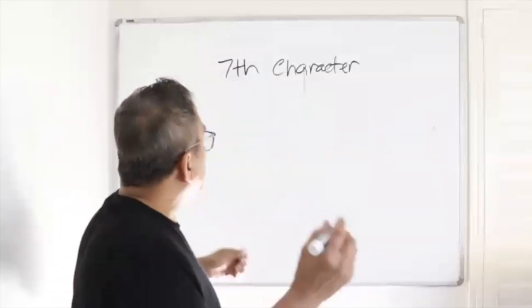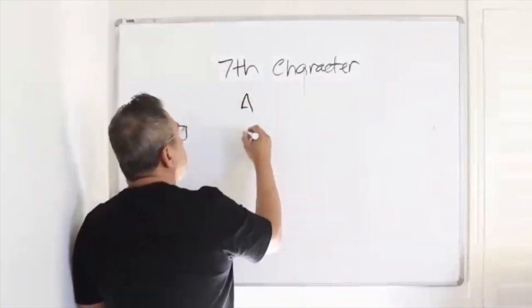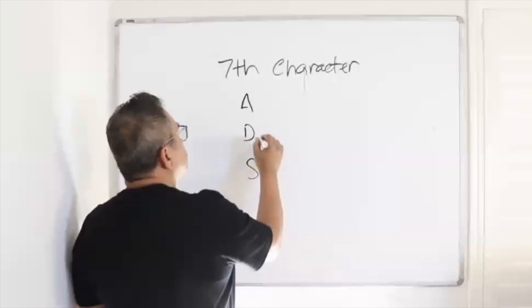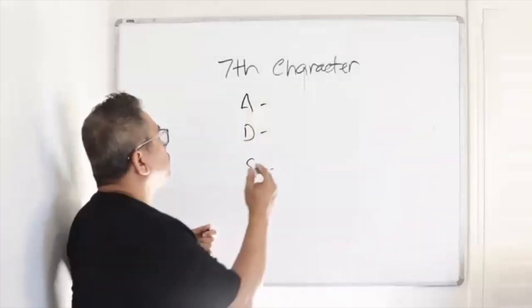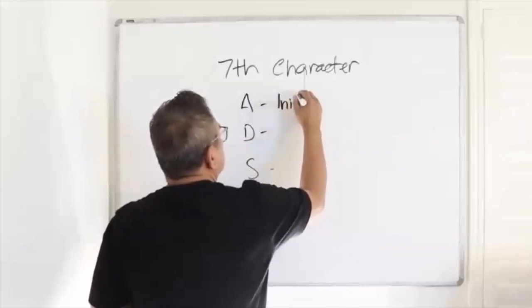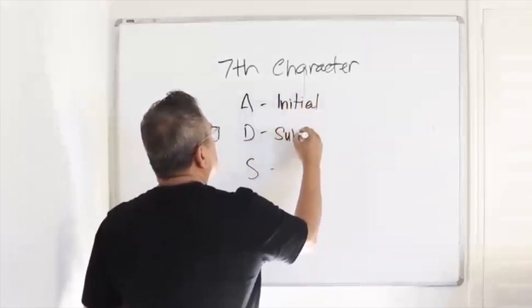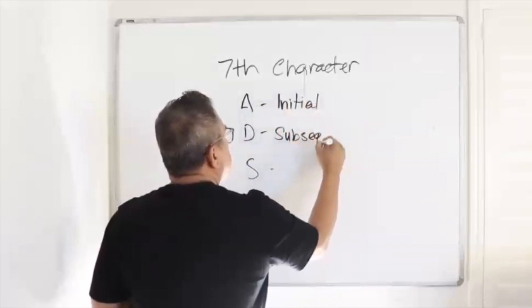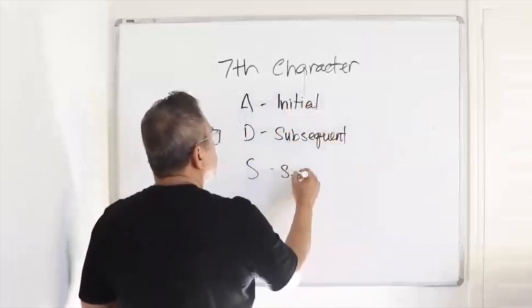Now, what are those 7 characters? The 3 most common ones are A, D, and S. A stands for initial. D stands for subsequent. And S stands for sequela.